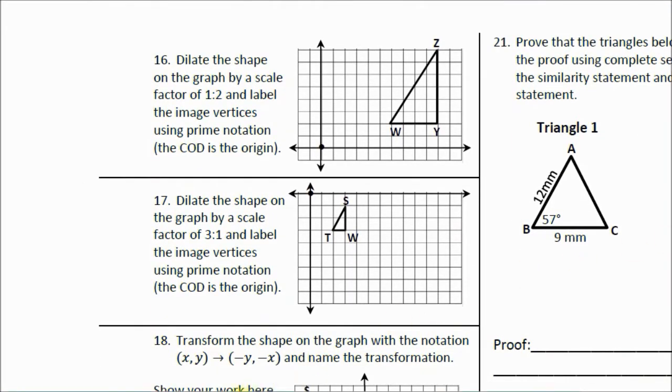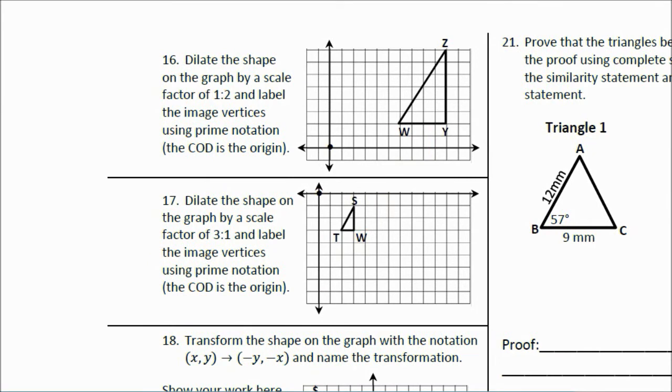All right, 16. Dilate the shape on the graph by a scale factor of 1 to 2 and label the image vertices using prime notation, and we're going to assume that the center of dilation is the origin, or 0, 0. Now, first thing I'm going to do, class, is change my scale factor from 1 to 2 to a fraction.